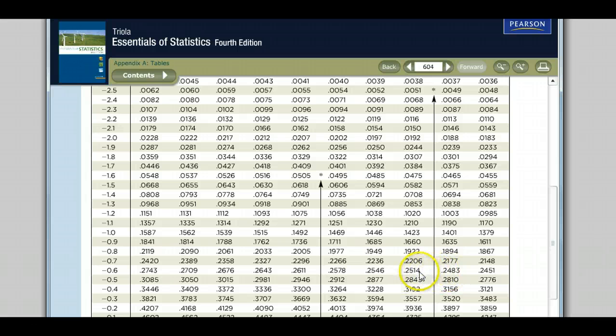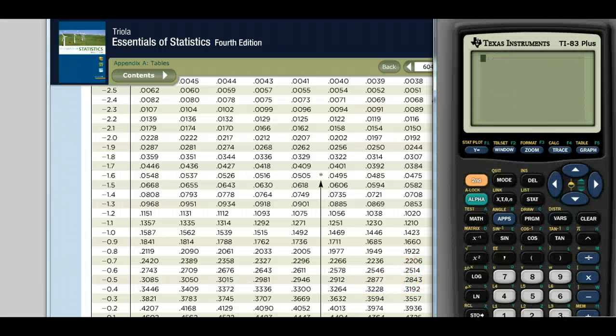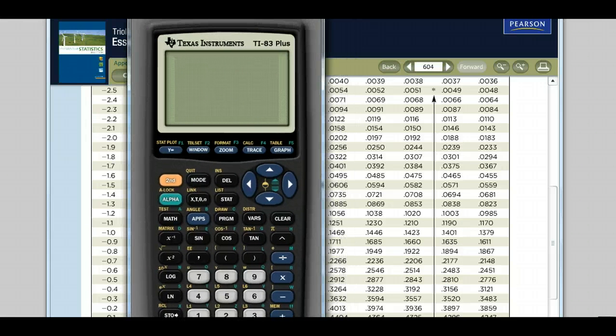These two are the closest that we get. If I take these two numbers and average them, 0.2514, 0.2483, I get 0.24985, really close to 0.25.